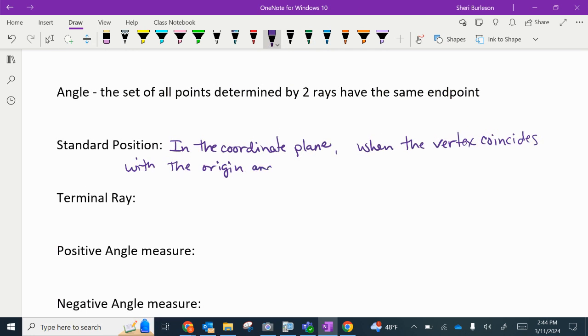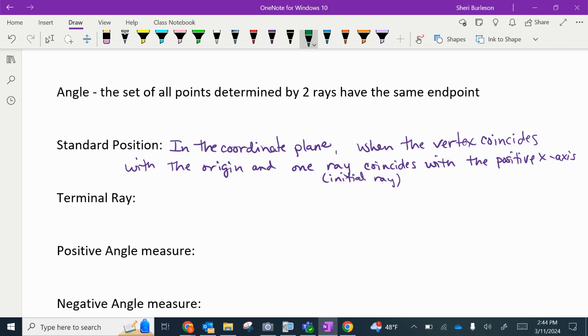And one ray coincides with the positive x-axis. We're going to call this the initial ray, because that is where the angle is going to initiate from, where it is going to start.